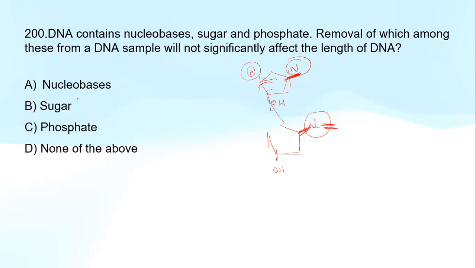That is why sugar and phosphate are very, very important for the length of the DNA. That is what gives DNA its very uniform and stacked nature. Whereas nucleobases will not affect it because they project towards the inside and do not participate in elongation or in determining the length of the DNA. So nucleobases is the right option. So for the 200th question, option A is correct.